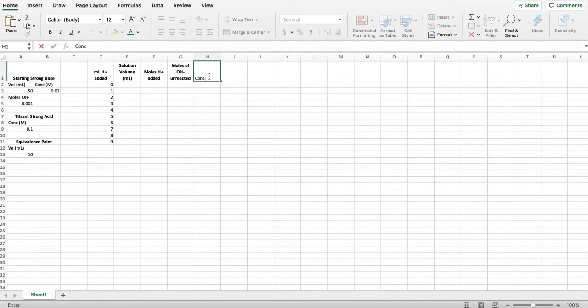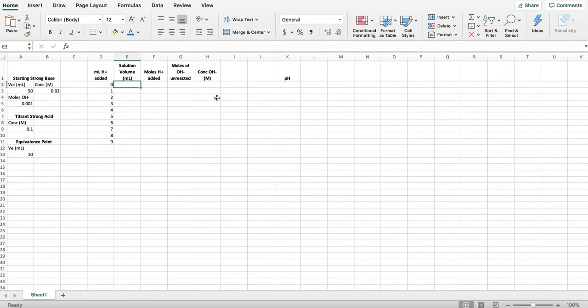Concentration of OH minus in molarity. Look at that, it learns, so it's centering and bolding things for me. And then I'm going to leave 2 blanks and we'll go pH.